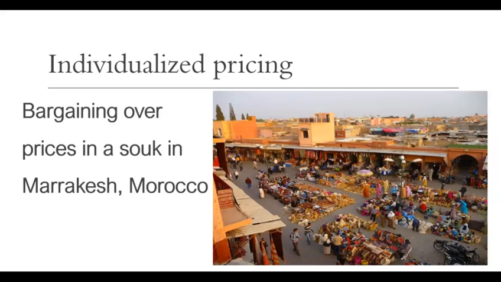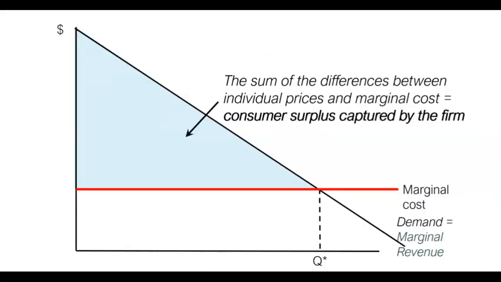So how could we think about that theoretically? Well, let's imagine the most extreme case in which the seller is successful in charging each customer their marginal benefit or their actual maximum willingness to pay.